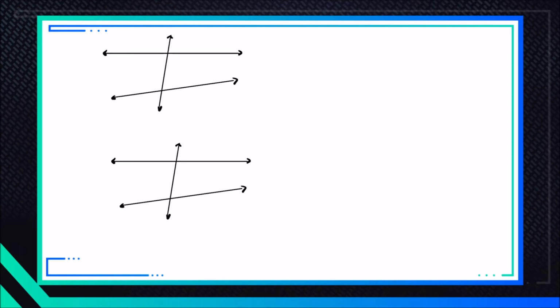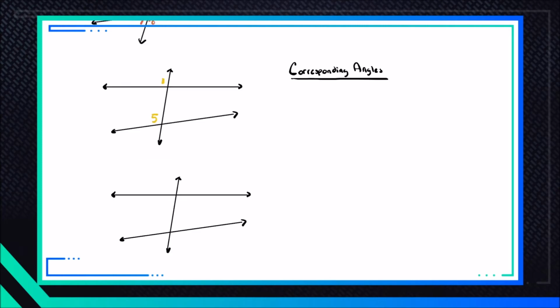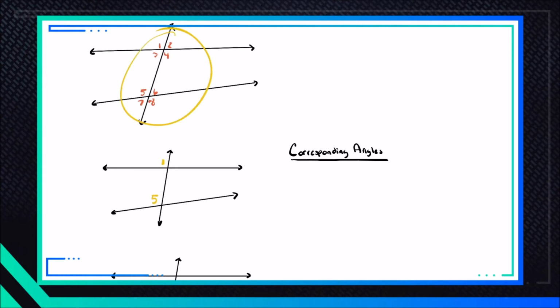I want to first talk about what are called corresponding angles. Corresponding angles are angles that are in corresponding positions. So if we take a look at angle 1 right here, the angle that is in the corresponding position to angle 1 would be angle 5. And this is going off of this chart right there.